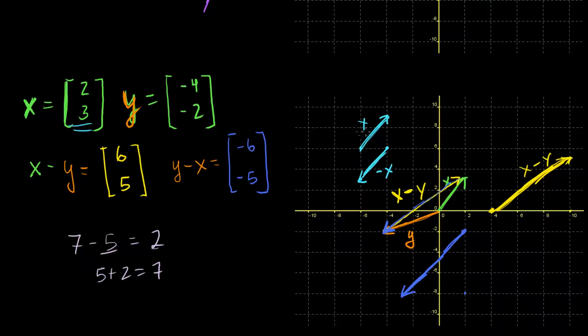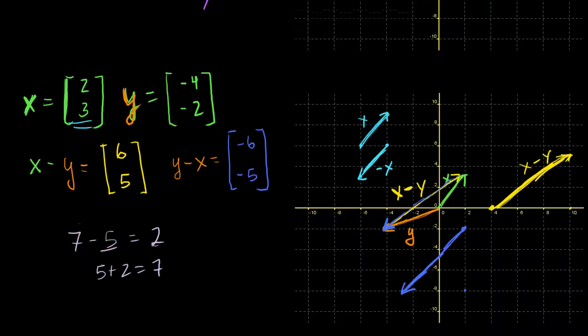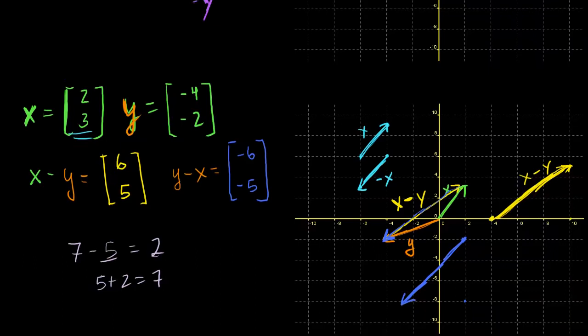Now, just to finish up this idea of adding and subtracting vectors, everything I did so far was in R2, but I want to show you that we can generalize them, and we can even generalize them to vector spaces that aren't normally intuitive for us to actually visualize. So let me define a couple of vectors.